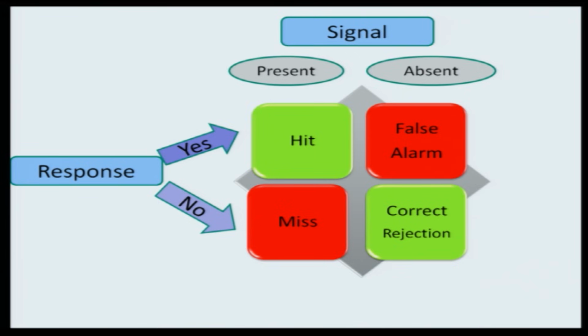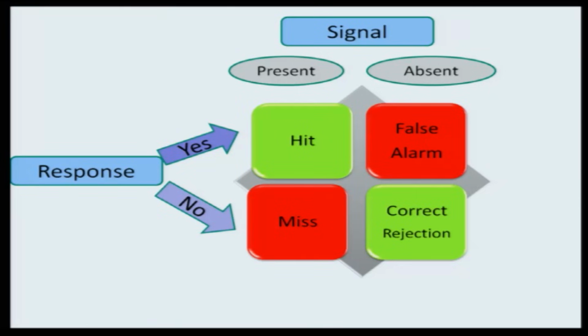What are the possibilities? First, when the signal is present and the person responds yes, it is present. This is called the hit condition. Second, when the signal is absent and the respondent says yes, the signal is present, although the signal is absent, this is called a false alarm.